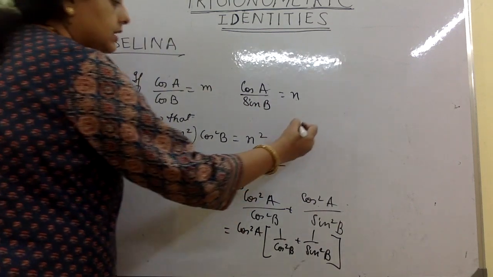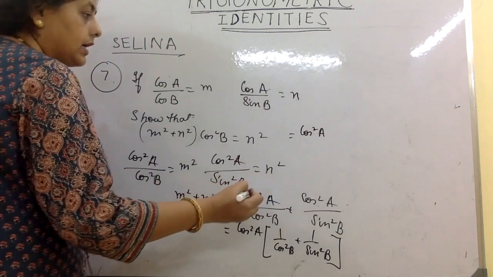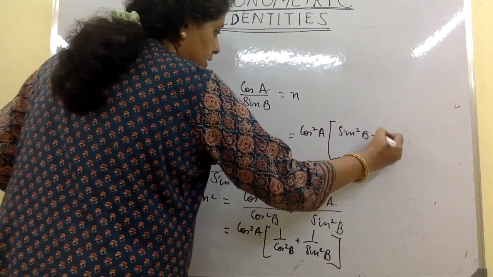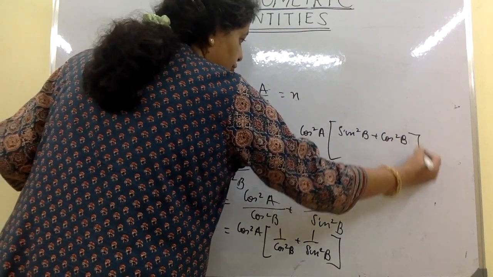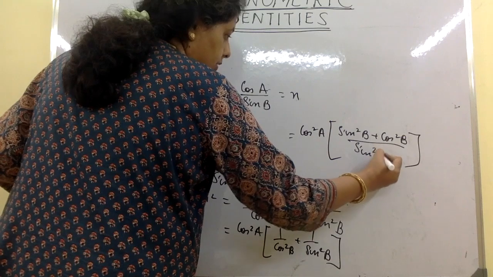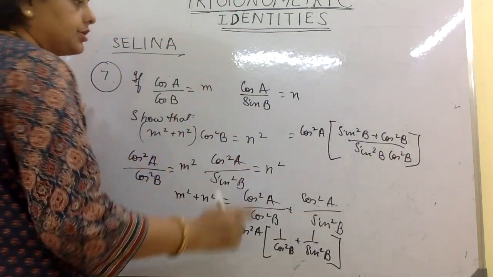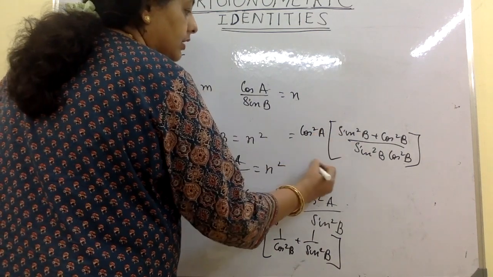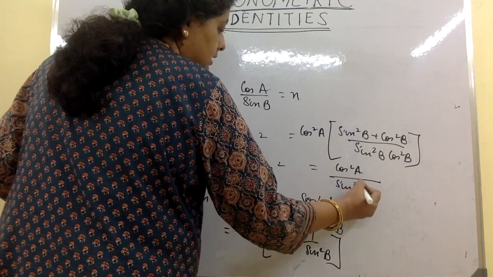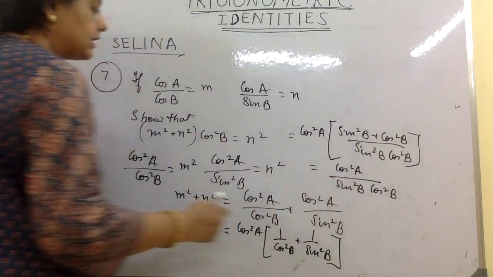Now I will further simplify this. Cos square a, and here I will get sin square b plus cos square b over sin square b cos square b. Note both are b. I did one LCM addition, so here this became 1. Cos square a over sin square b cos square b. So nothing is cancelling from here.